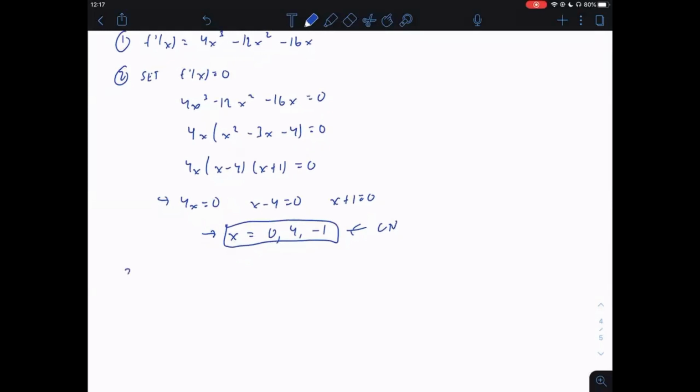So now that we have found the critical points, the points where the slope of our function becomes 0, let's use that first derivative test to determine where we might have some relative extrema.